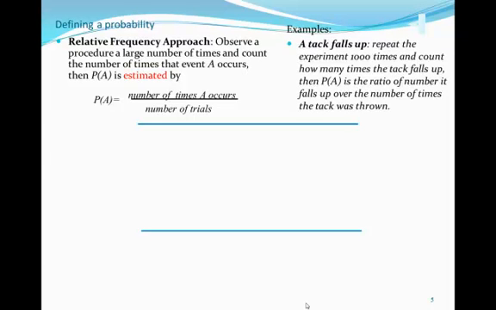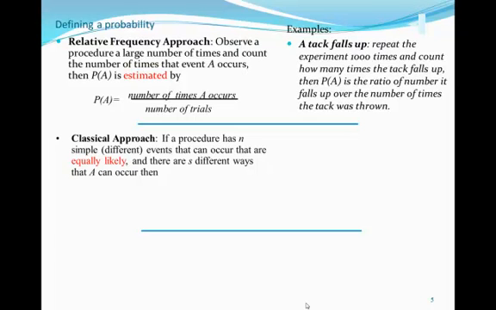Example, let's take an example of a tack being flipped. So repeat the experiment 1,000 times and count how many times the tack lands face up. The probability of A is the ratio of number of times it landed face up over the number of times the tack was thrown. That's a relative frequency approach.